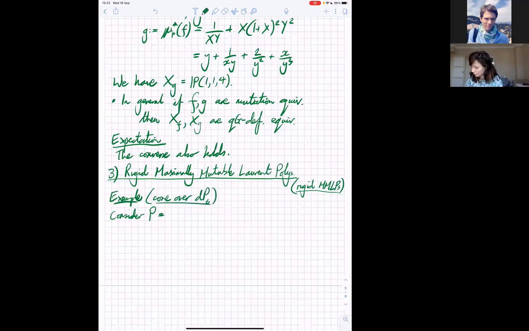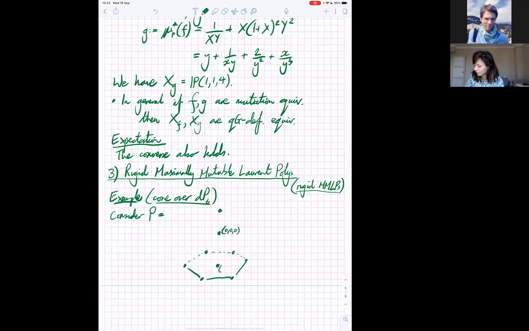Let me draw a hexagon in its base, and then up here I'm going to draw the origin, 0, 0, 0.